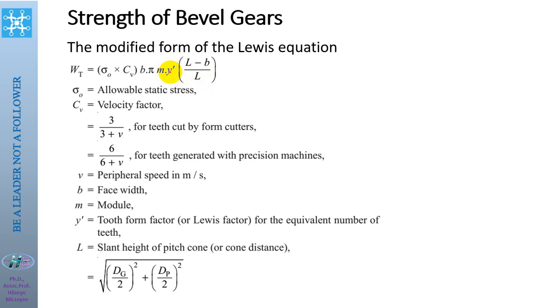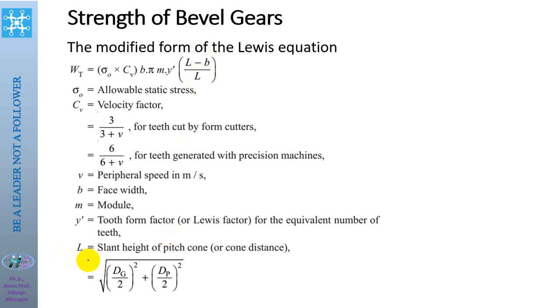These factors may be selected from the standard table according to the equivalent number of teeth. And this factor, L minus b divided by L, is called the bevel factor, where L is the slant height or cone distance, equal to the external cone distance Ra, and b is the face width.